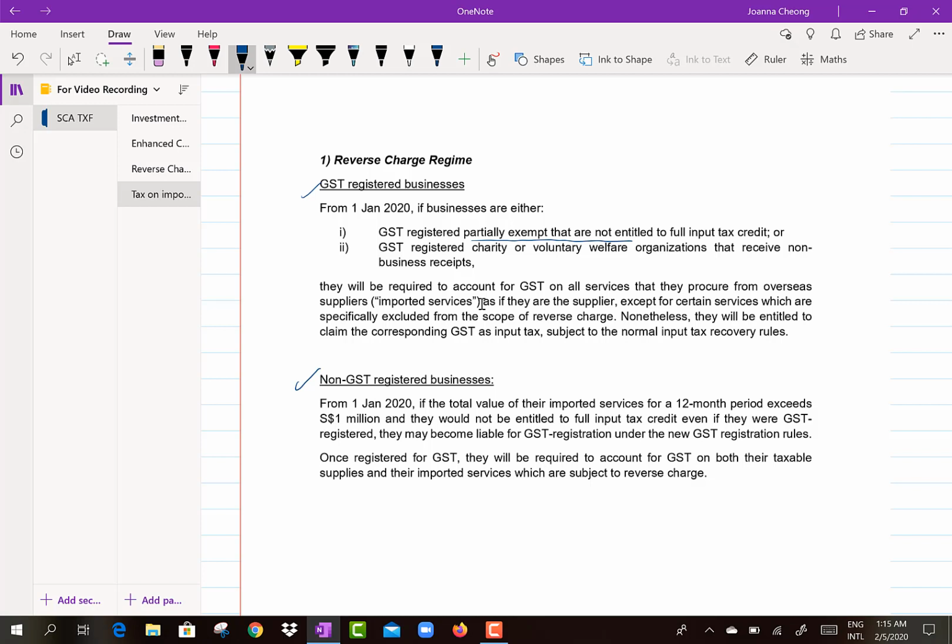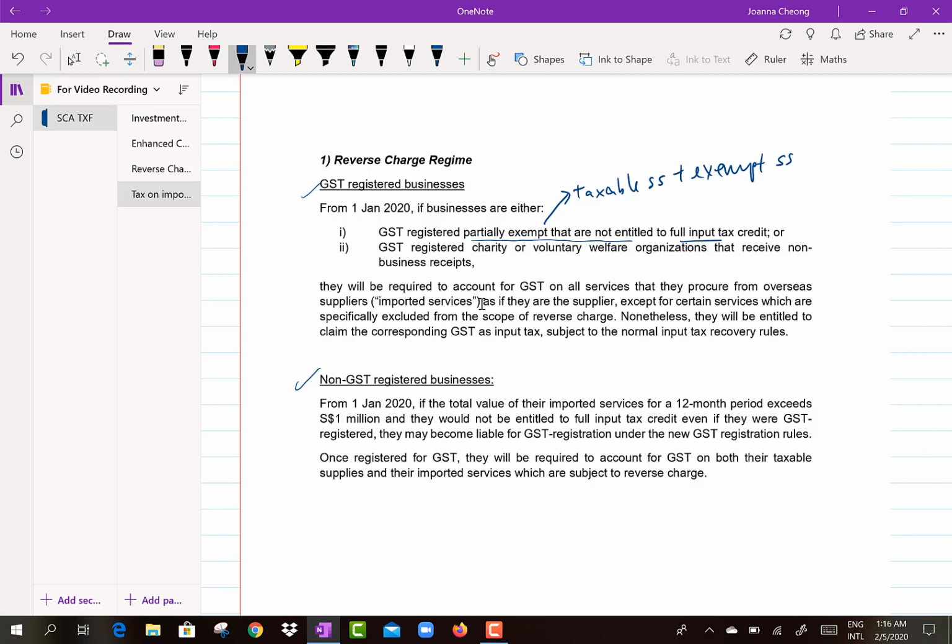So when you see words like partially exempt, what does it mean? It means that perhaps they make both taxable and exempt supplies, and that is why they are not able to claim full input tax credit on purchases that they buy from the supplier.